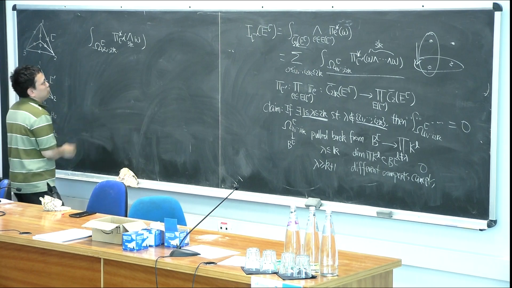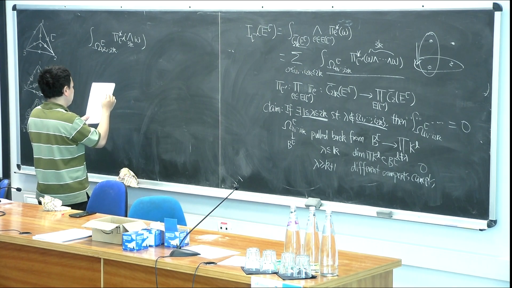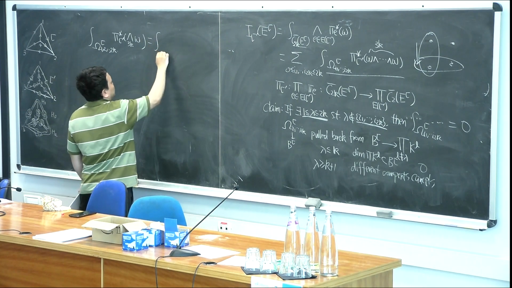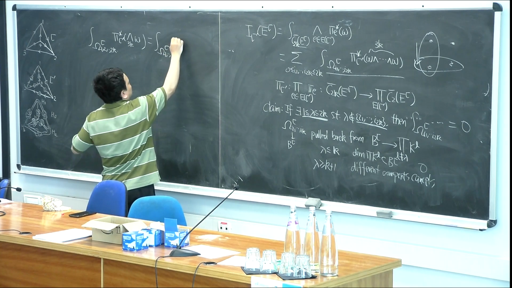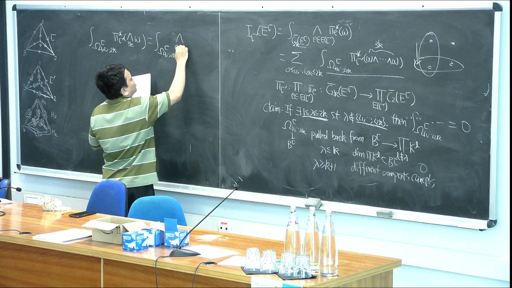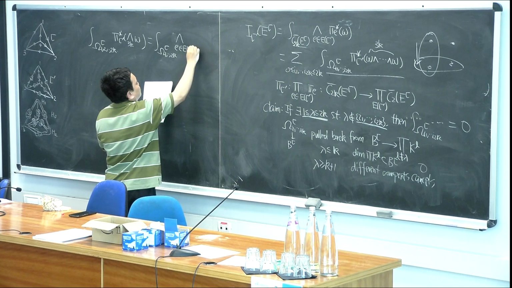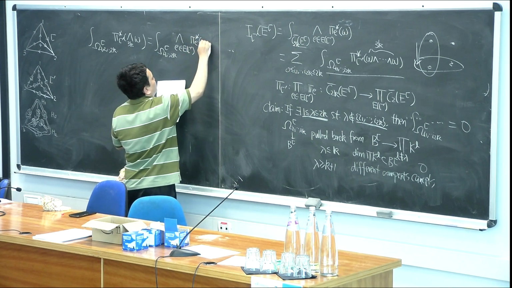Okay, so now remember that, okay, so what do we want to do? First of all, I want to write it back into the product. The wedge of E belongs to gamma prime, pi E star omega.